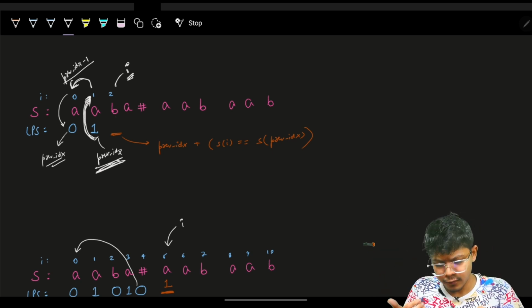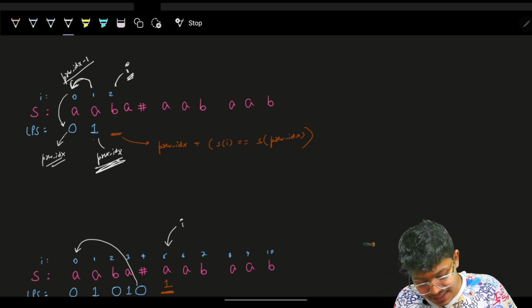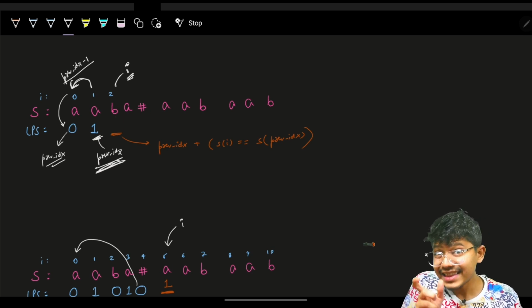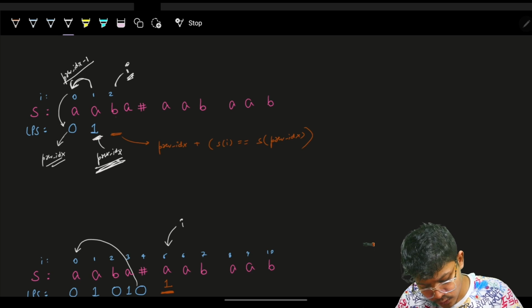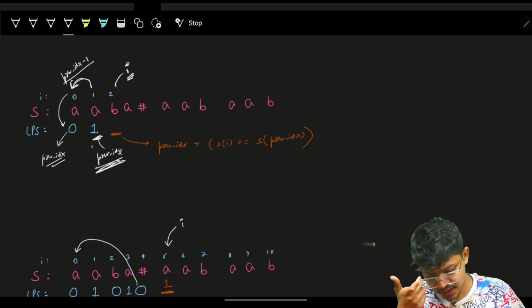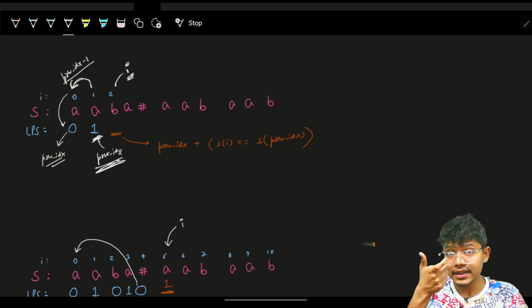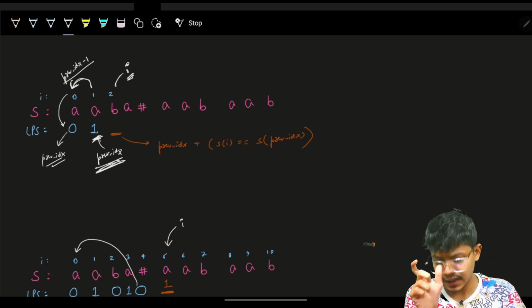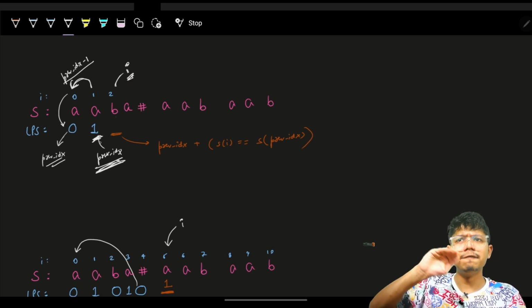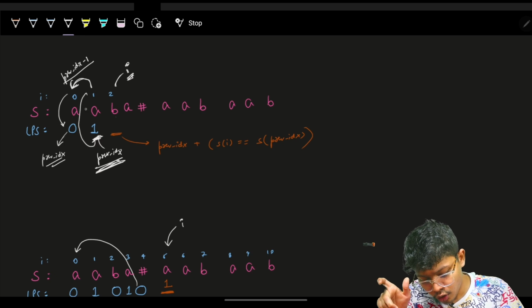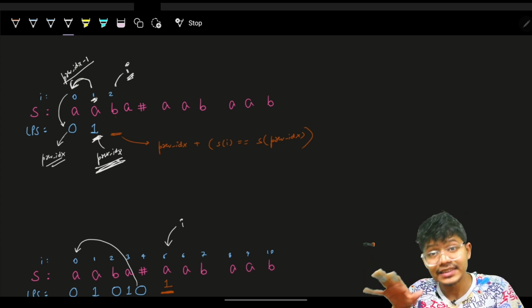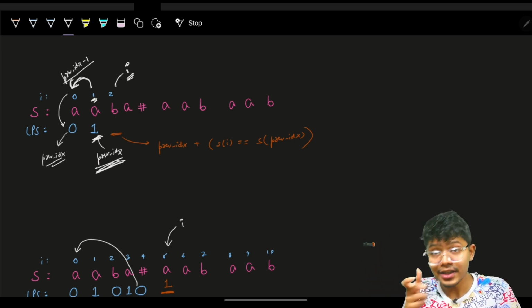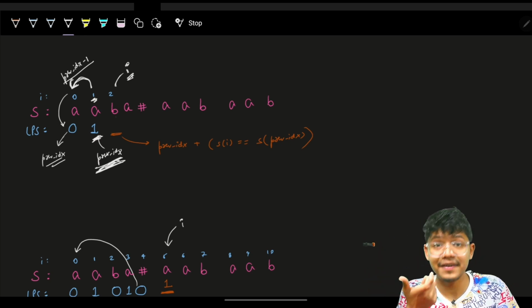How do we move backwards? This length indicates how much I am matching with my previous part. So I know I'm matching 1 with my previous part, which means 1 length. So if I go on to index as 1 and then subtract 1 from it, I'll reach an index for that specific length.